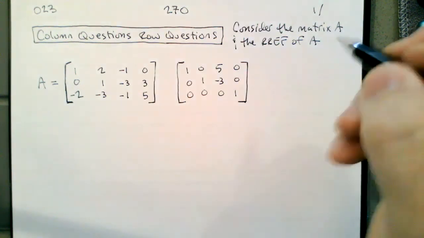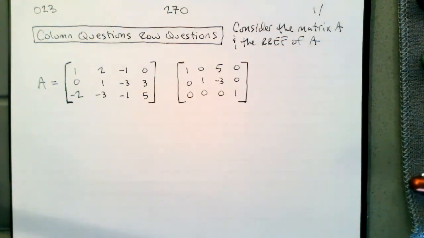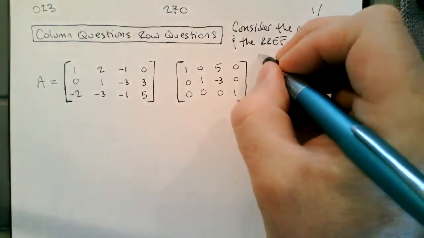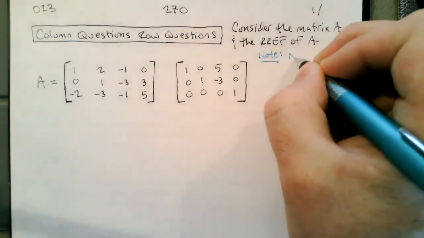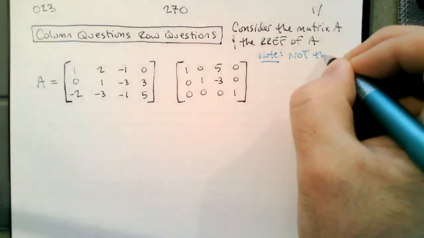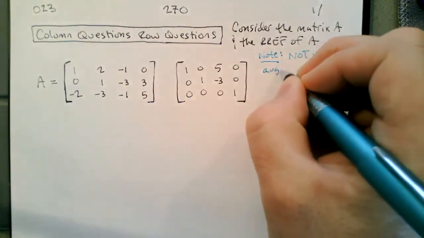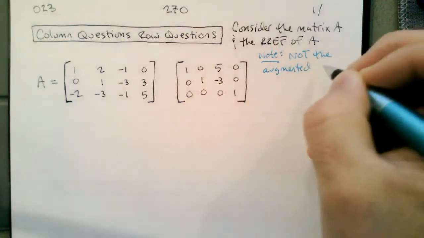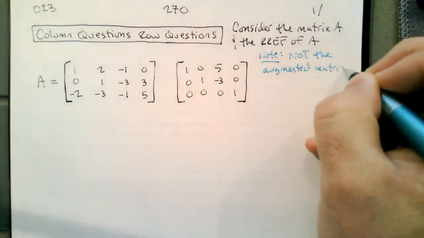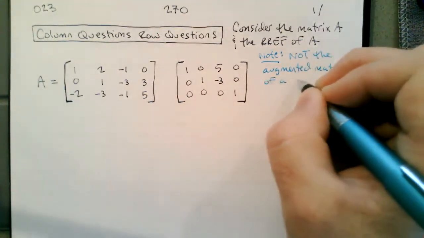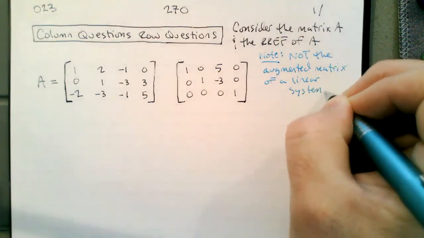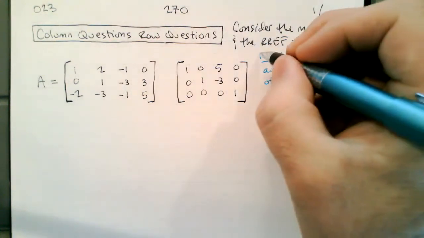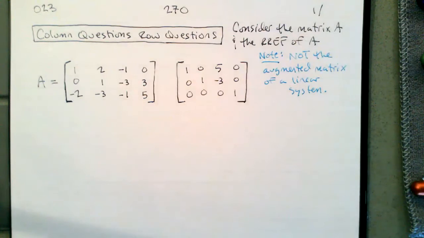So note: not the augmented matrix of a linear system. Since I'm giving this matrix a name, it is not the augmented matrix of a linear system.